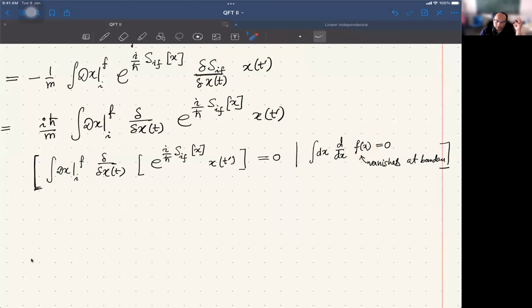First of all, what is the meaning of boundary in this functional integral or path integral?